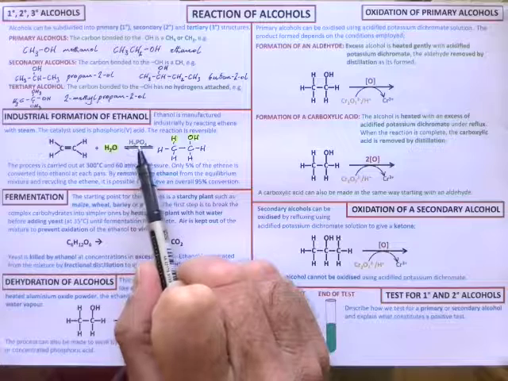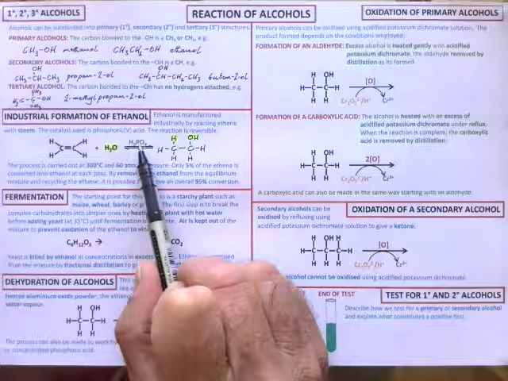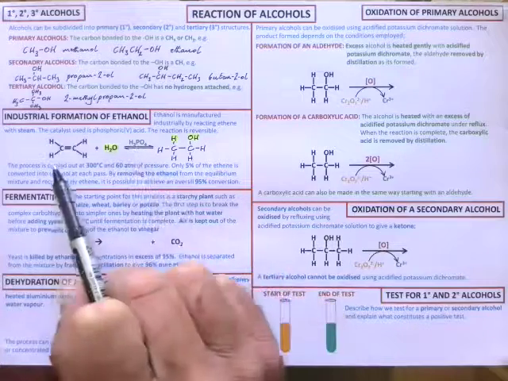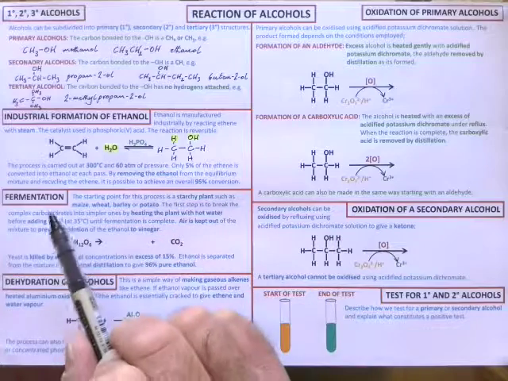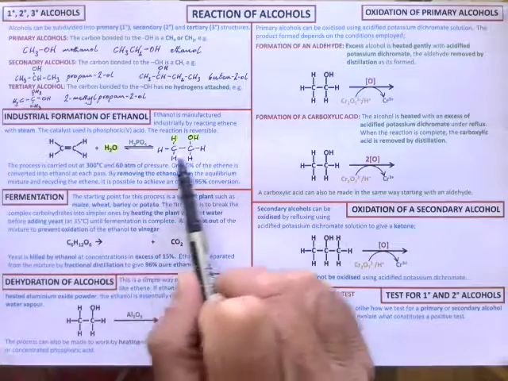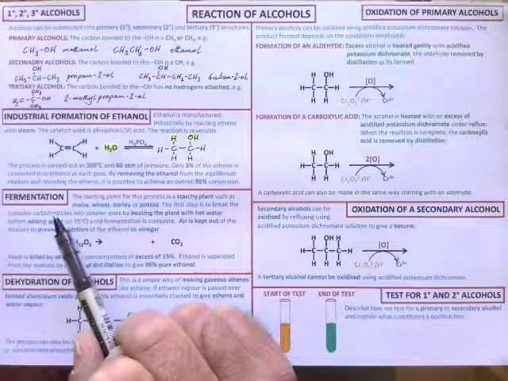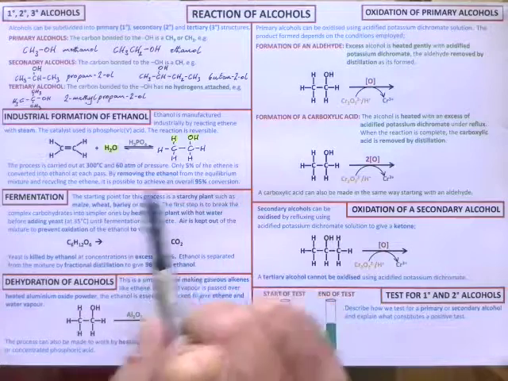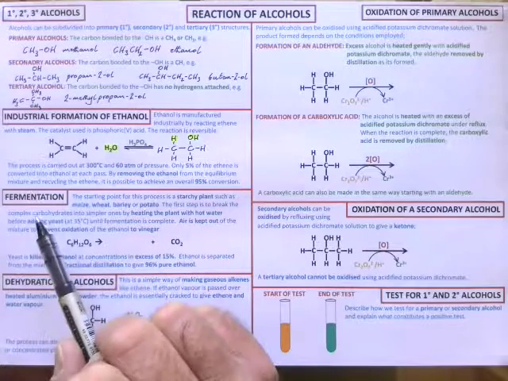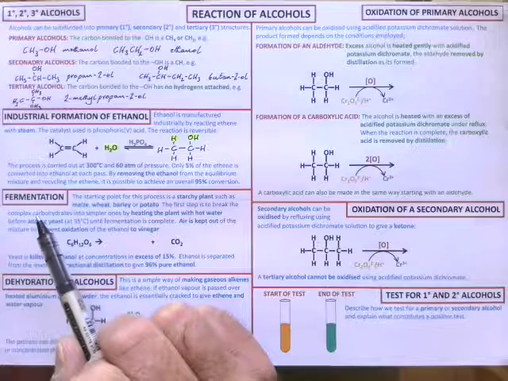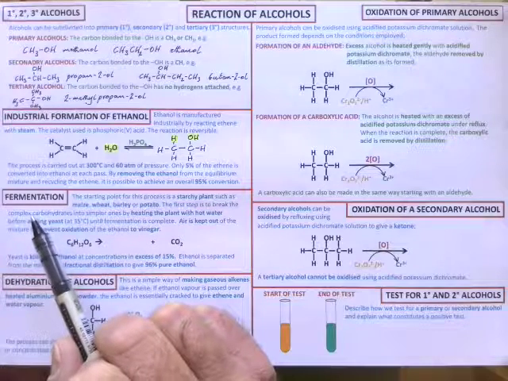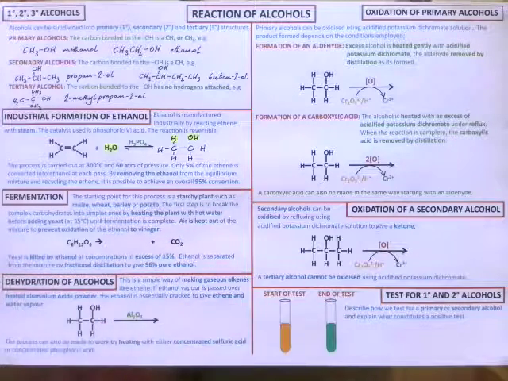You've got a phosphoric acid catalyst here, but even so, under those forceful conditions, only 5% of the ethene is converted into ethanol on each pass. But by removing the ethanol from the equilibrium mixture and recycling the ethene, it's possible to achieve an overall 95% conversion. So that's how ethanol is made industrially.